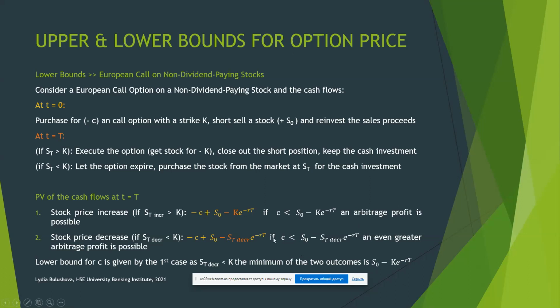So we get an option, and someone's just generating profit from nothing. Would you like to purchase an option if you can generate profit from just short selling a stock and purchasing the stock from the market at time T? Well, no one would like to do so.